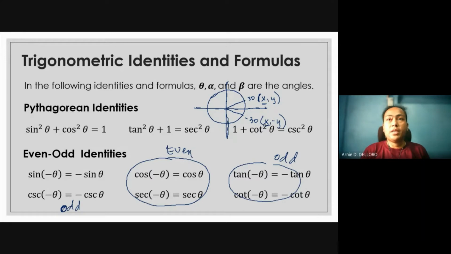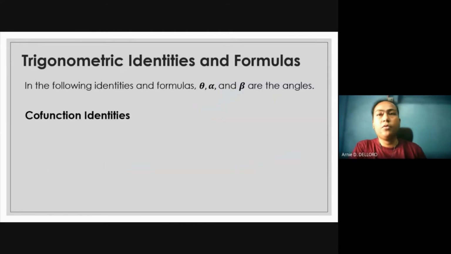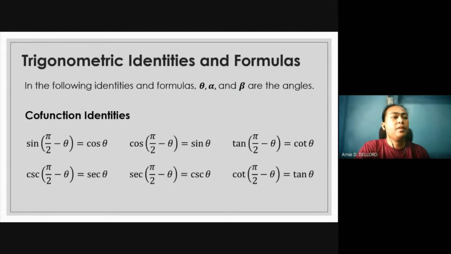So one of the properties of the 6 circular functions is that cosine and secant are even identities, while the rest of the circular functions like sine, cosecant, tangent, and cotangent are odd functions or odd identities. Okay? Also, we have the cofunction identities, which is sine of pi over 2 minus theta is equal to cosine theta.